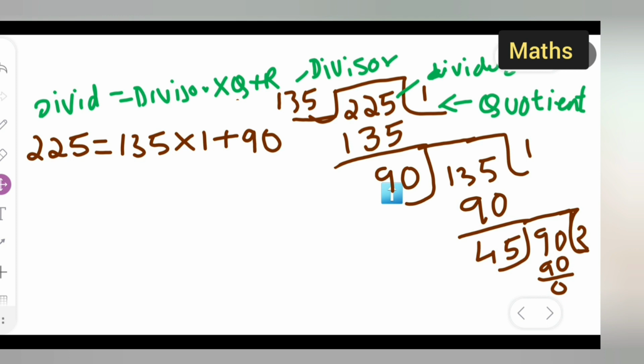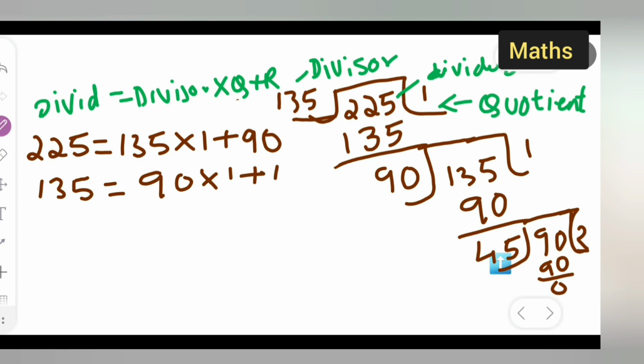The second step: the dividend was 135 and the divisor was 90. So I can write 90 multiplied by 1, because your quotient was 1, and the remainder was 45, so plus 45.